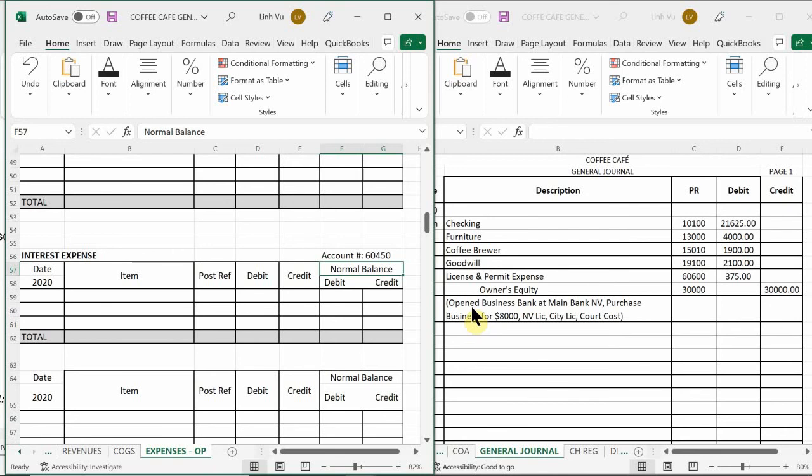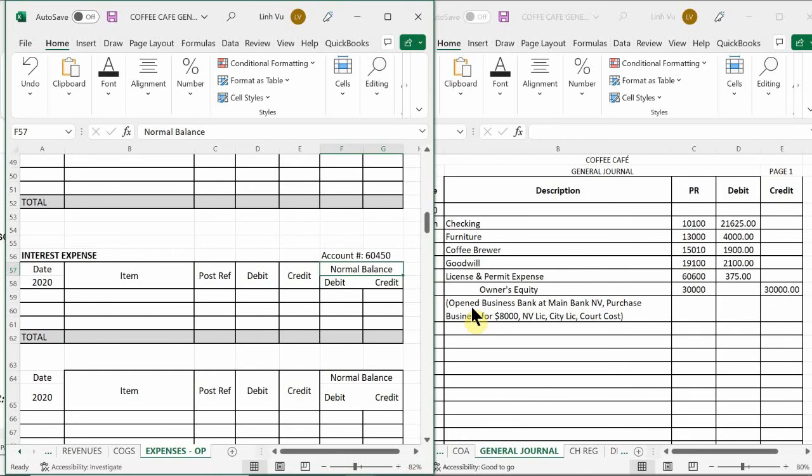My 20,000 accounts are my liabilities. My 30,000s are my equity. 40,000s are my income. 50,000s are my cost of goods sold. And then last but not least, my 60,000s are going to be every single expense that I have here.